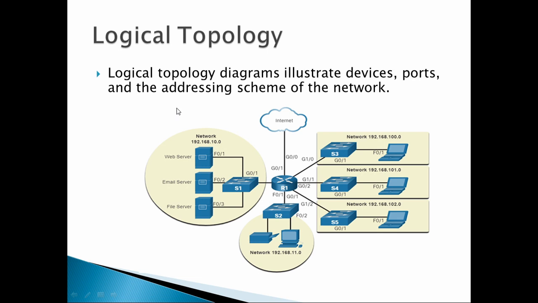So all the port numbers and the network addresses under which all these devices are connected are also given. This network device addressing we will talk about later in this chapter. It is an important topic, so for now you can just see this network addressing and the port numbers through which the devices are connected. So it is a logical topology.